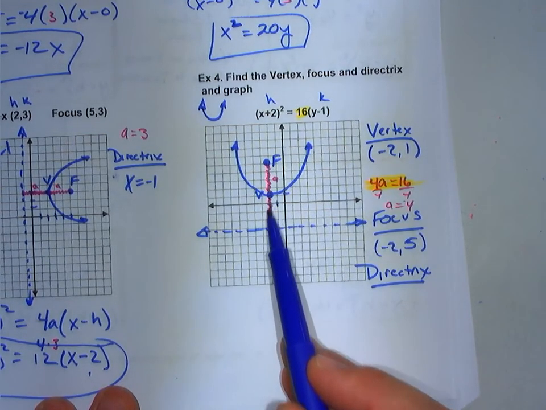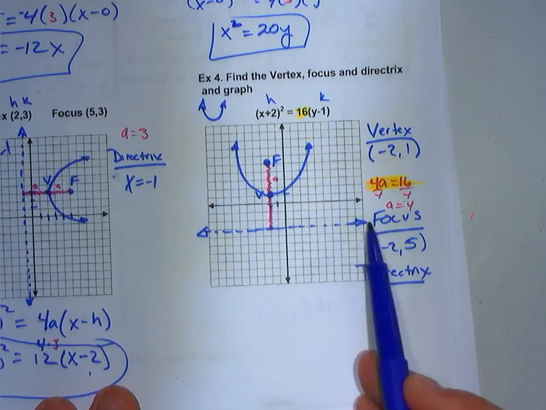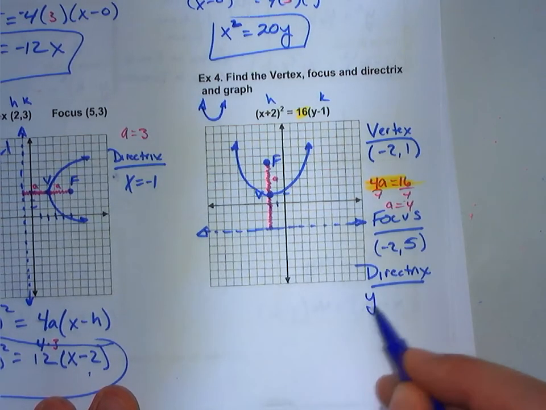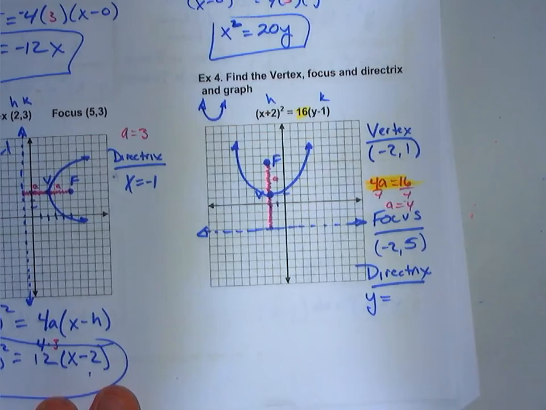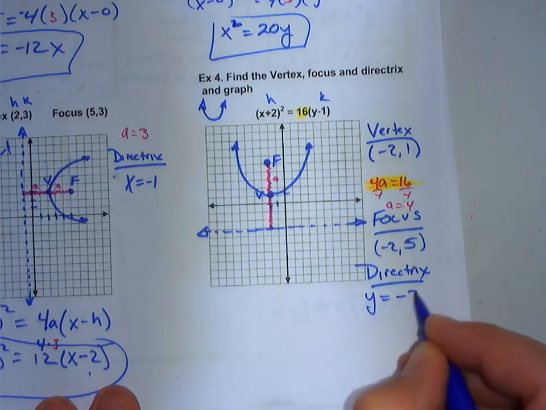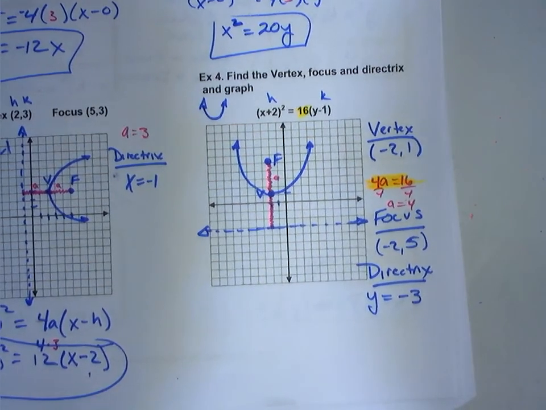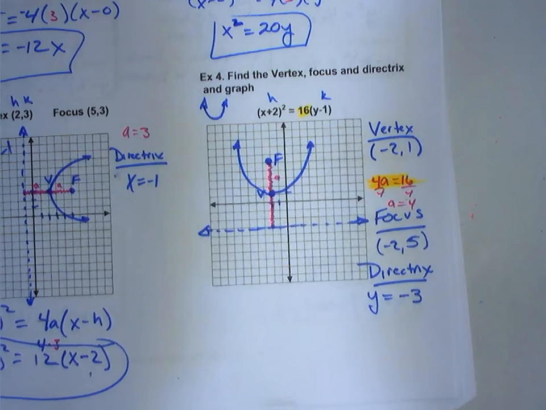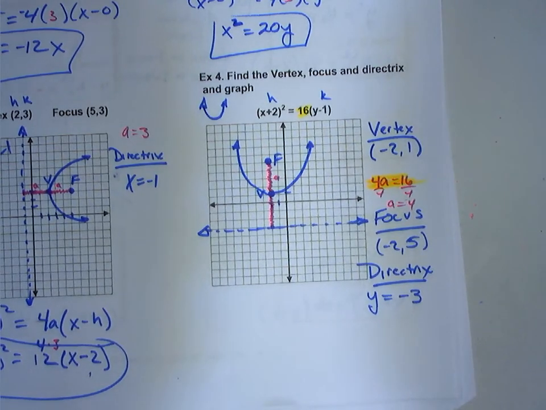I counted back, and I have my horizontal line. That's a y equals. It crosses the y-axis. Okay, and where does it cross? y equals -3. I have my vertex, I got my focus, my directrix. I have a rough sketch of what that graph would look like. Boom, done. And if you look at your worksheet, you'll see very similar to that now.